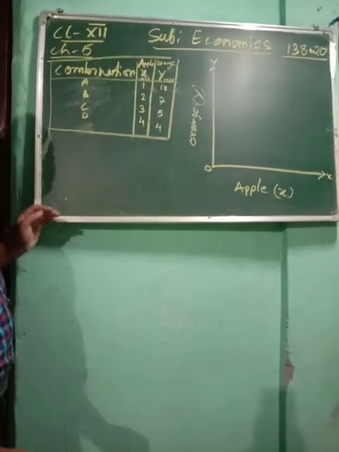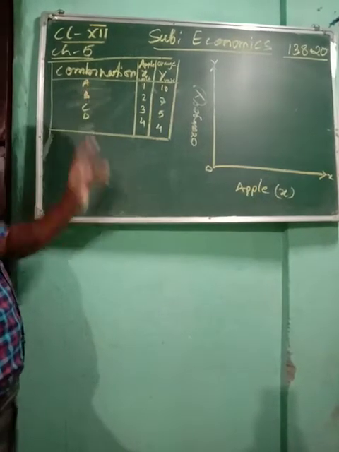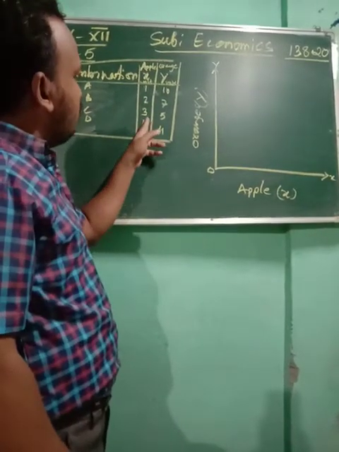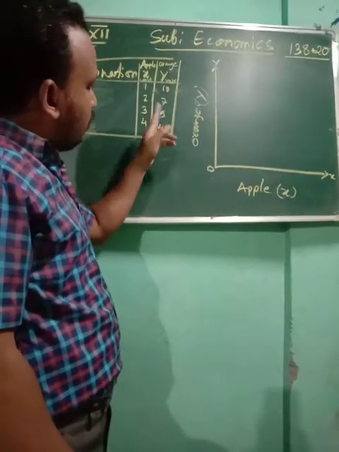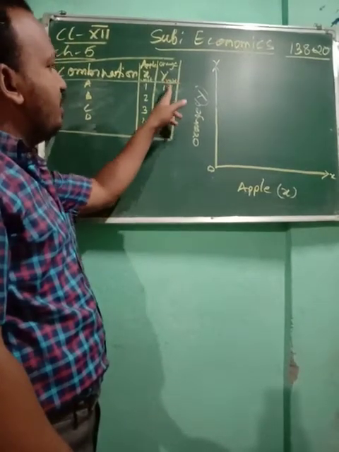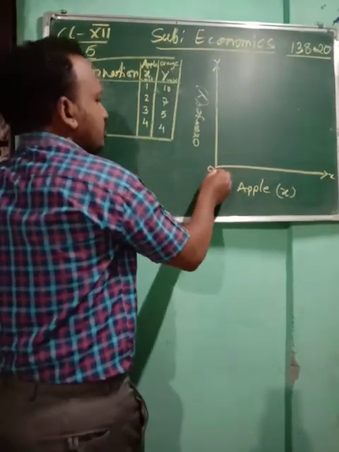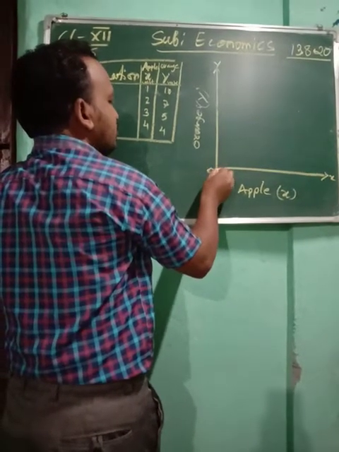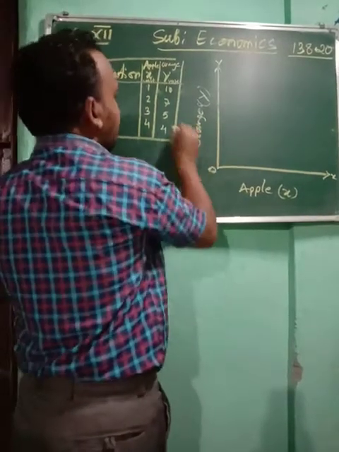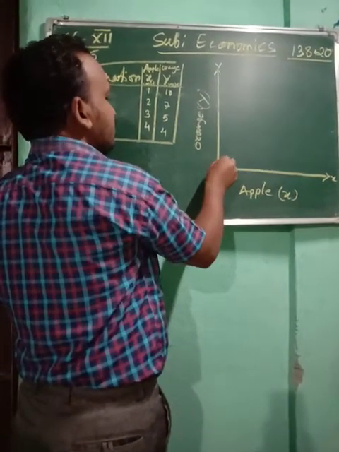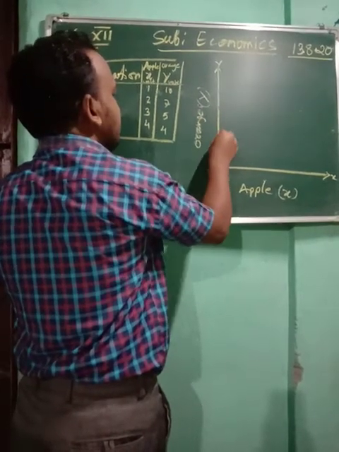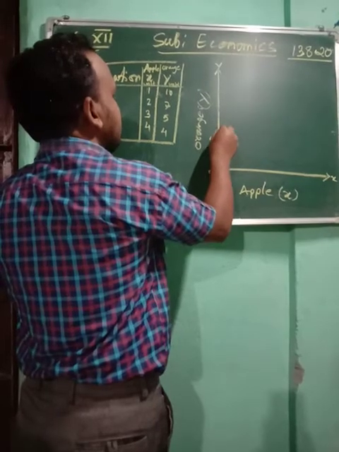The combinations are A, B, C, D. Now in oranges, the numbers are 4, 5, 7, 10. Start from 0, always in ascending order. 0, then 4 is there, so 1, 2 is not there, so leave a space. 1, 2, suppose 3, approximately 4 is here, then 5 is here, 6 is not there, suppose 7.